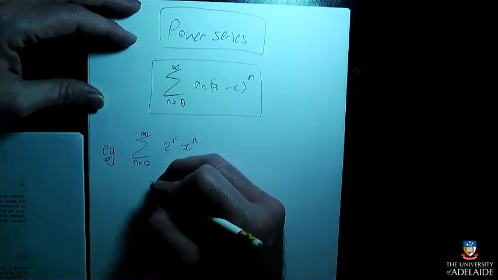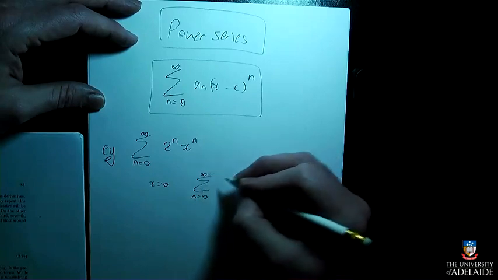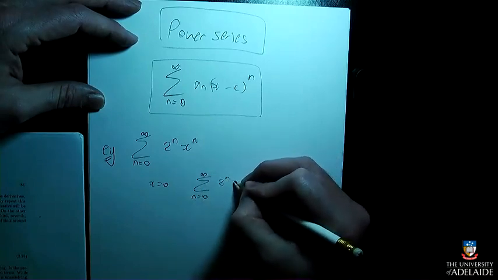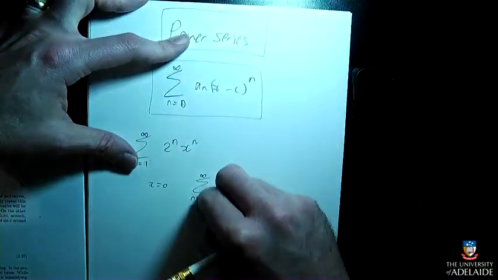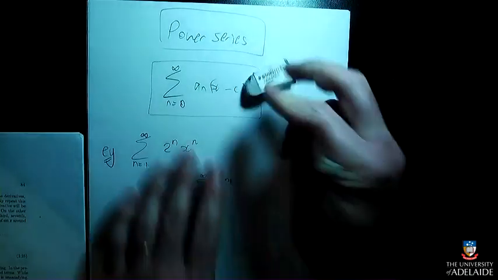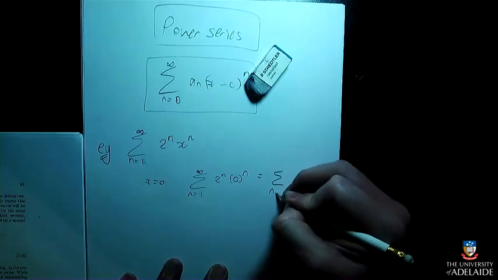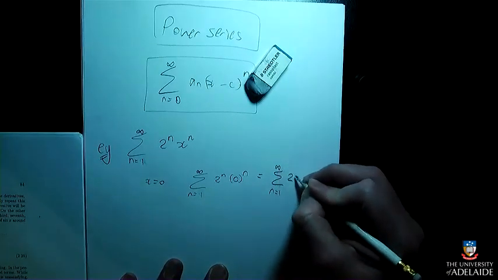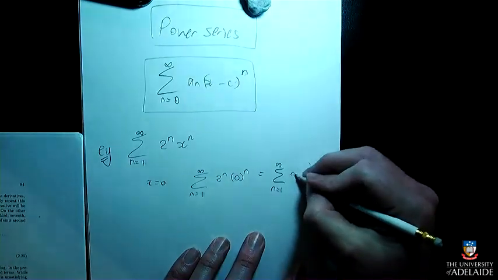So if x is 0, you get, can I start at 1 so it's not confusing? But 0 to the power of n is just 0. So I just get a sum of a whole lot of zeros, and the answer is just 0.